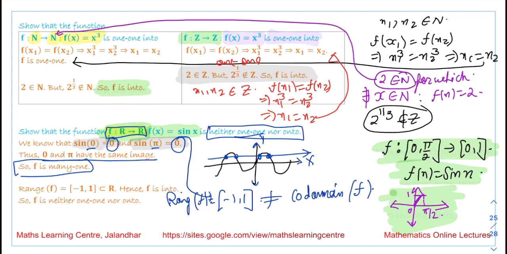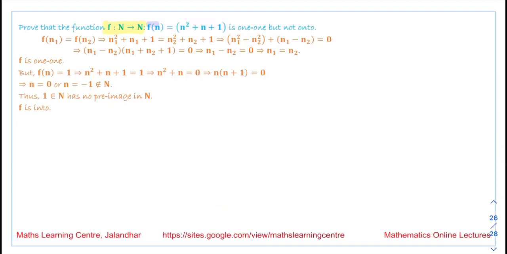Next, the function given to us is f defined from the set of natural numbers to natural numbers, and f(n) is equal to n square plus n plus 1. We have to prove that this function is 1-1 but not onto. So suppose we are considering two elements n1, n2 that belong to the domain of this function.